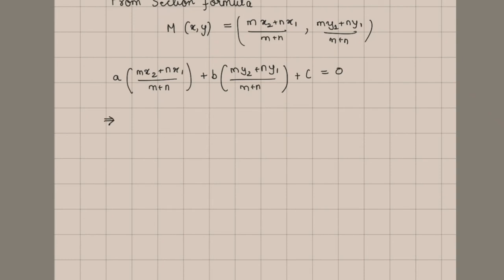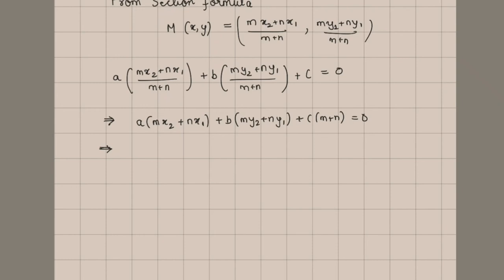Which implies, multiply with m + n on both sides, you get A(mx2 + nx1) + B(my2 + ny1) + C(m + n) = 0.